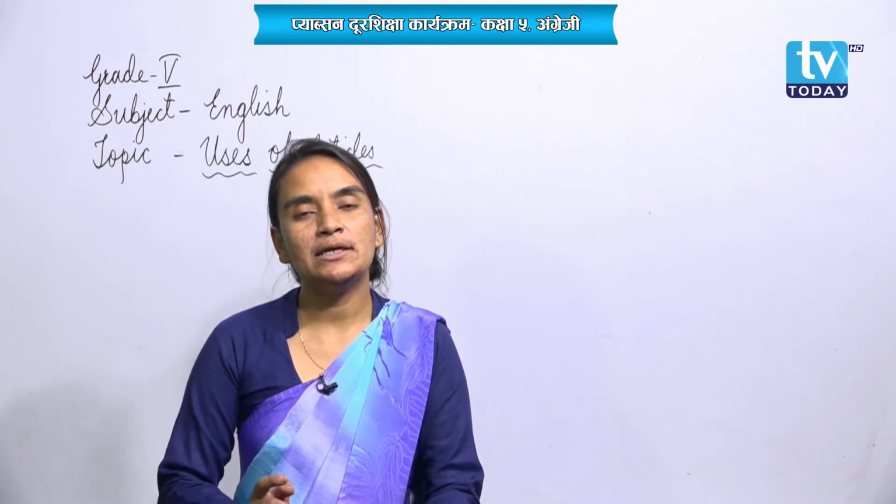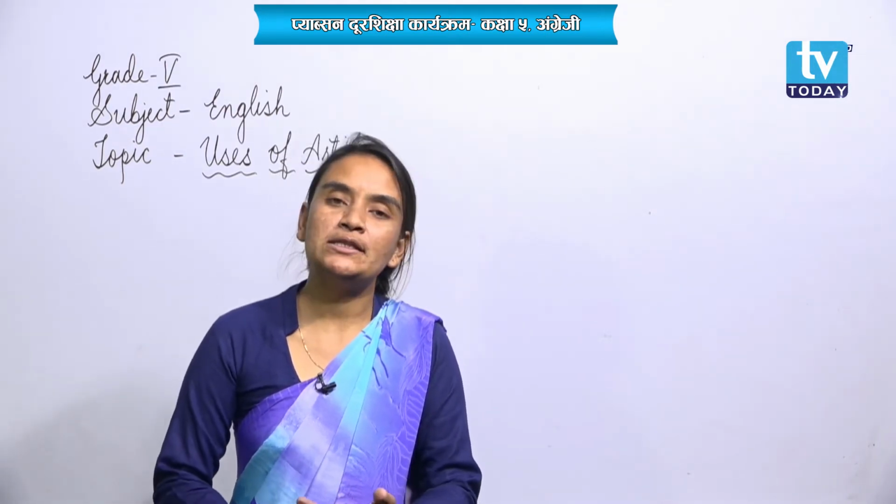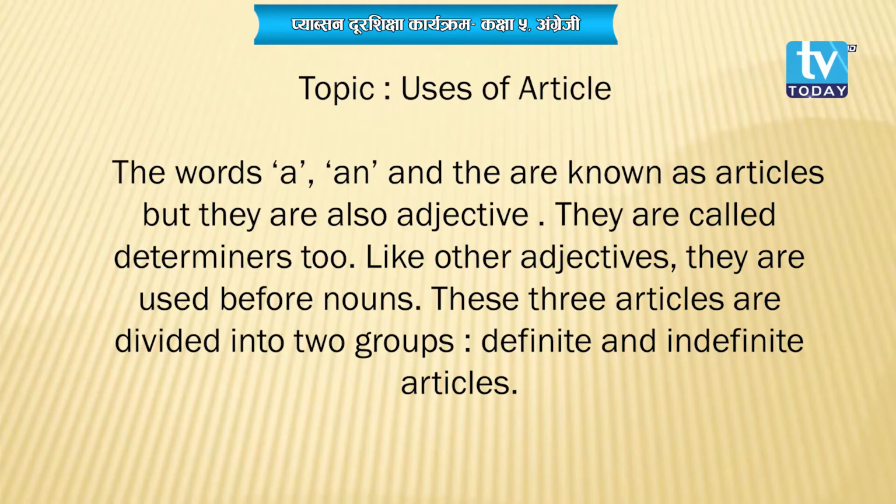Generally we know that a, an and the are the articles. But now let's find out more descriptions or introductions about a, an and the. What are they? Dear children, you can see on your TV screen the words a, an and the are known as articles.